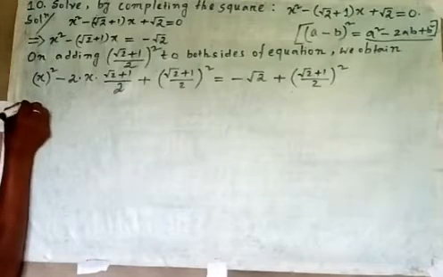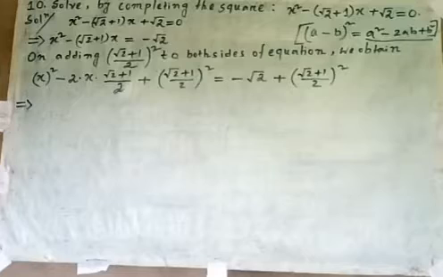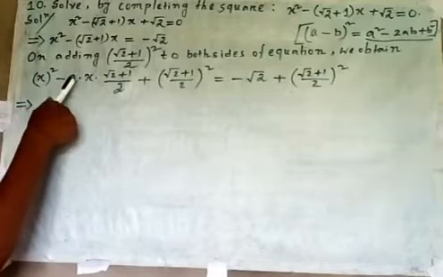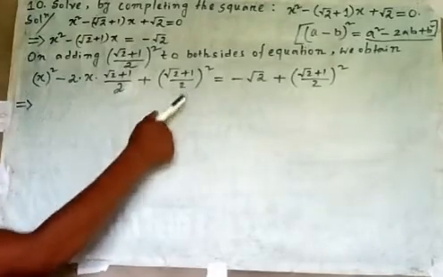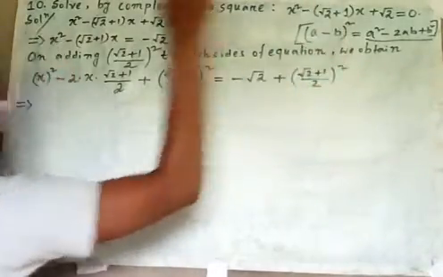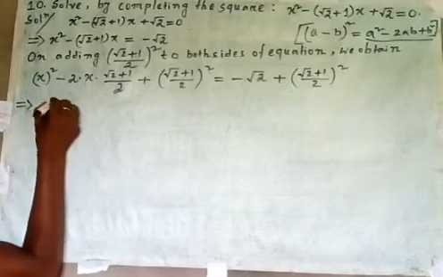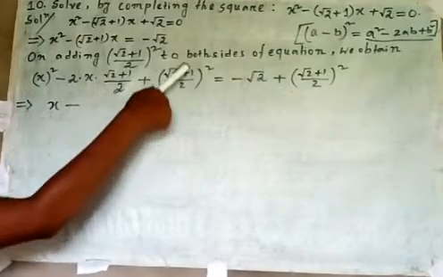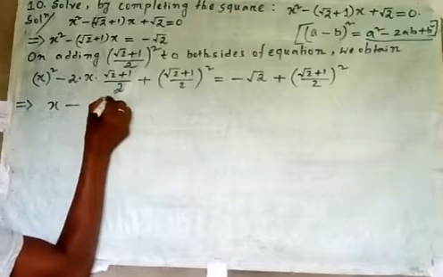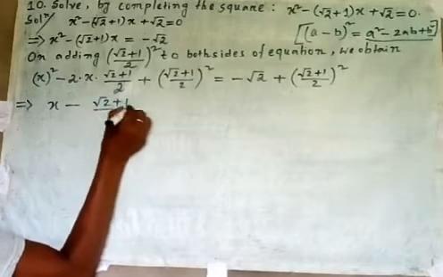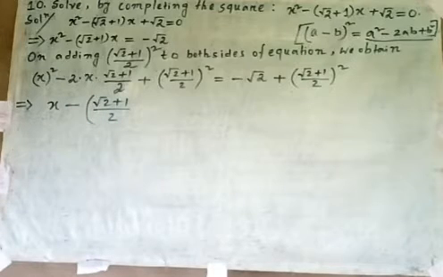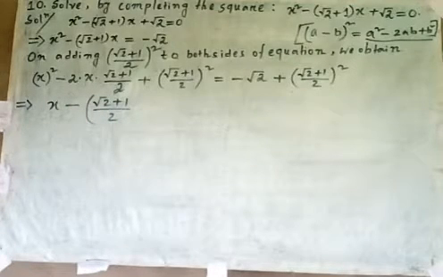This implies a² − 2ab + b². What is the formula? (a − b) whole square. Here a means x, and b means (√2 + 1)/2.